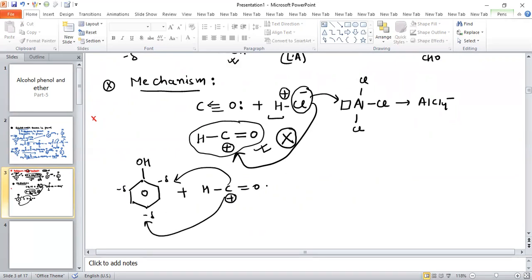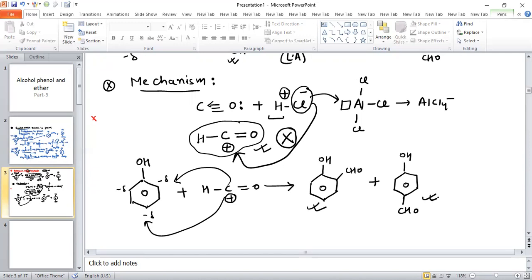So two products are obtained: one is the ortho product and one is the para product. This is the mechanism of this reaction.